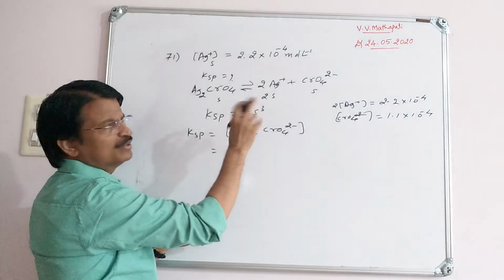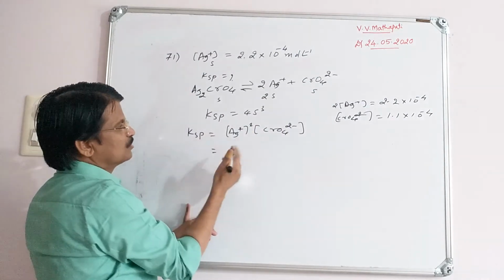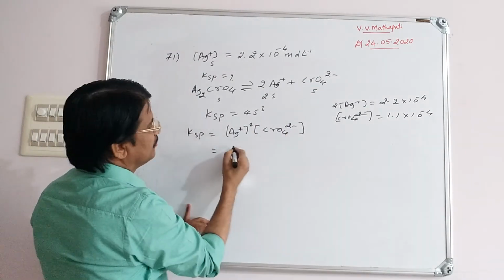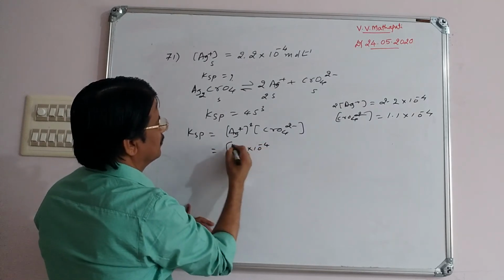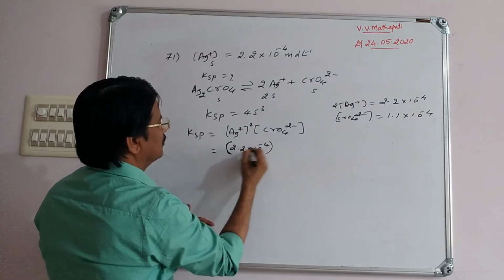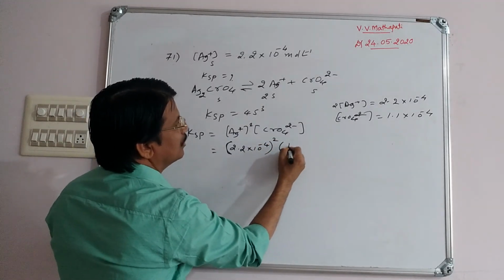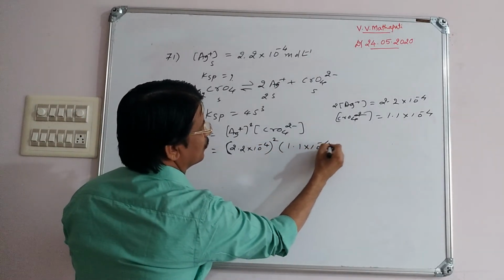If both are the same values, you can apply the S formula; otherwise do this. So Ag plus 2.2 into 10 to the power minus 4, squared, into 1.1 into 10 to the power minus 4.